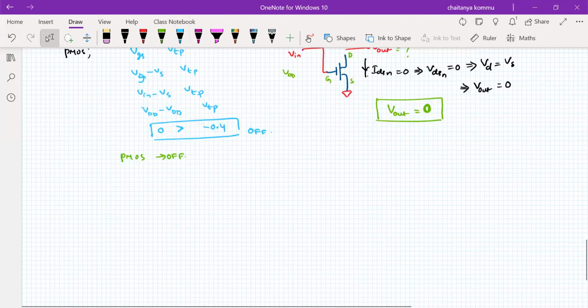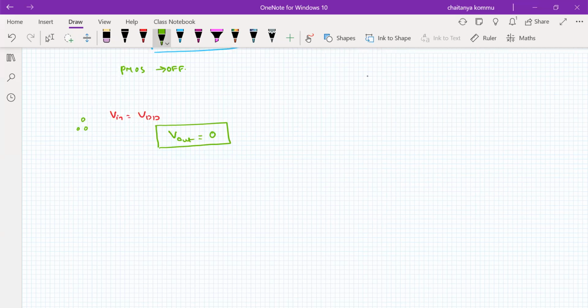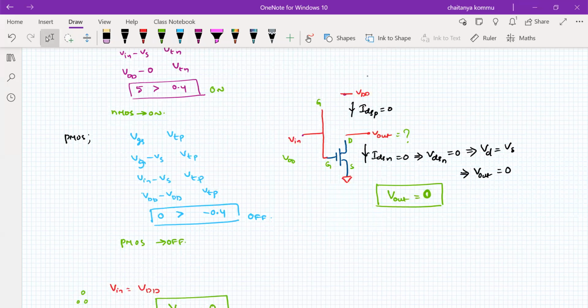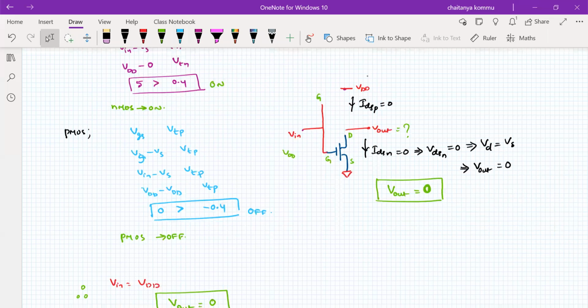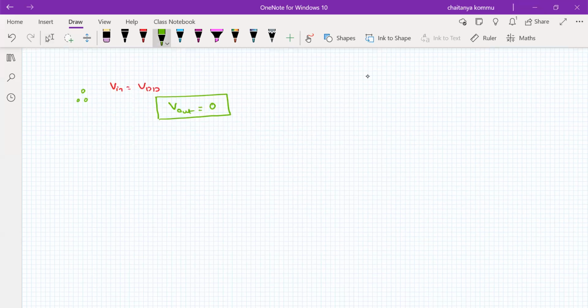So when Vin is equal to VDD, Vout is equal to 0. This is a very interesting observation compared to the other case. Here it is exactly 0, with no doubt, because the upper transistor is completely off and only the lower transistor is on. Agreed? And when Vin is equal to 0, Vout is exactly equal to VDD.